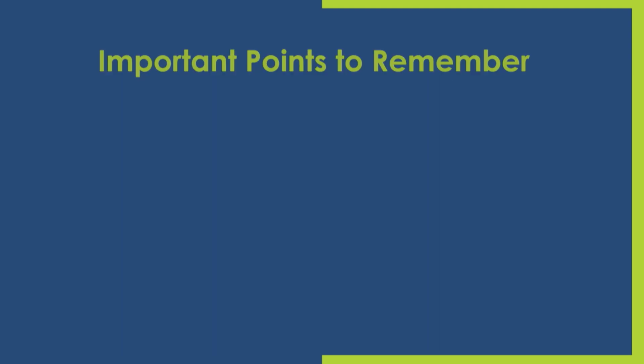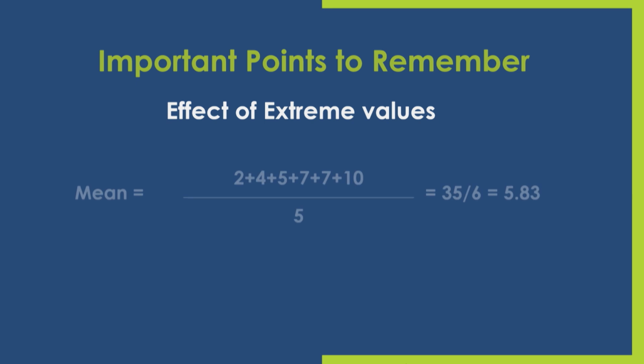Important points to remember. When calculating measures of central tendency, we have to be aware of extreme values. They will affect the mean. Suppose the mean for this observation is 2 plus 4 plus 5 plus 7 plus 7 plus 10 divided by the total number of observations, 6. We get 35 divided by 6.